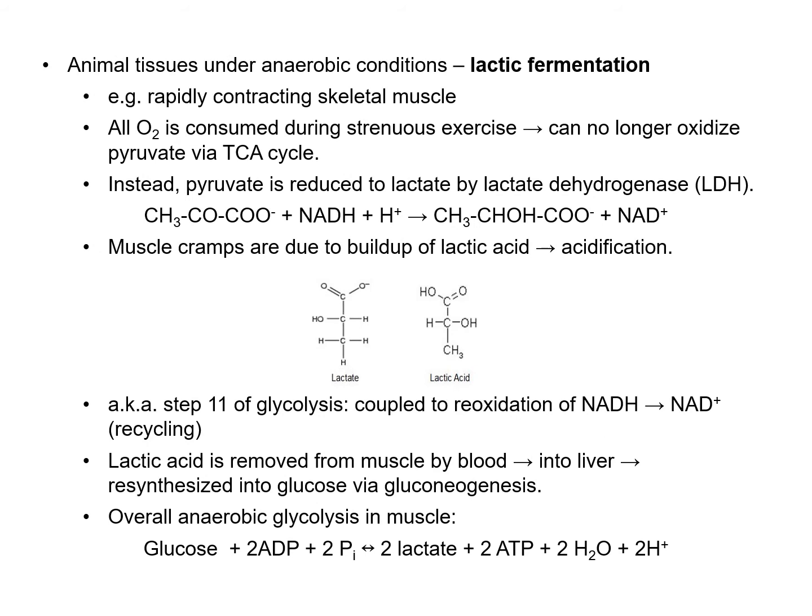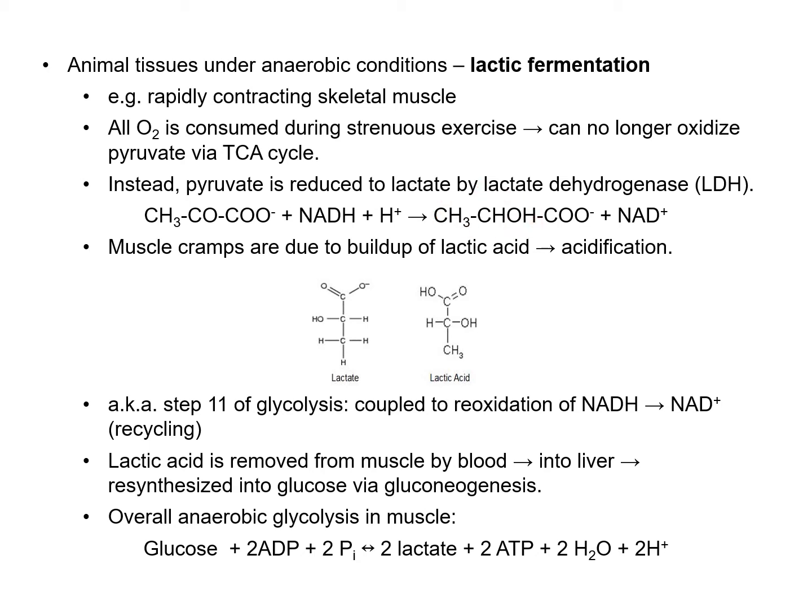Another type of fermentation is lactic fermentation that happens in animal tissues under anaerobic conditions, such as rapidly contracting skeletal muscles. In there, all oxygen is consumed during strenuous exercise, so cells can no longer oxidize pyruvate via the TCA cycle. Instead, pyruvate is reduced to lactate by lactate dehydrogenase, or LDH, and this is the reaction here, where you can see the lactate and the lactic acid.